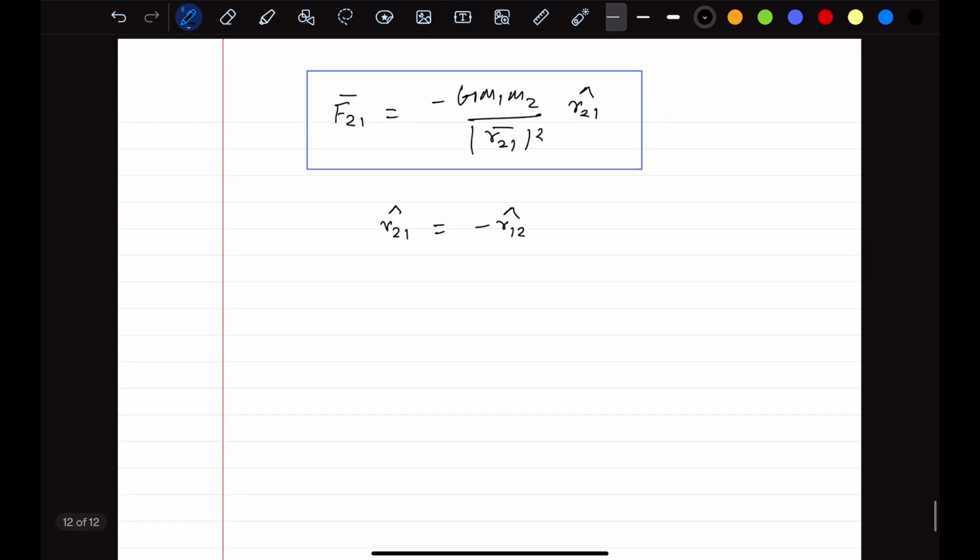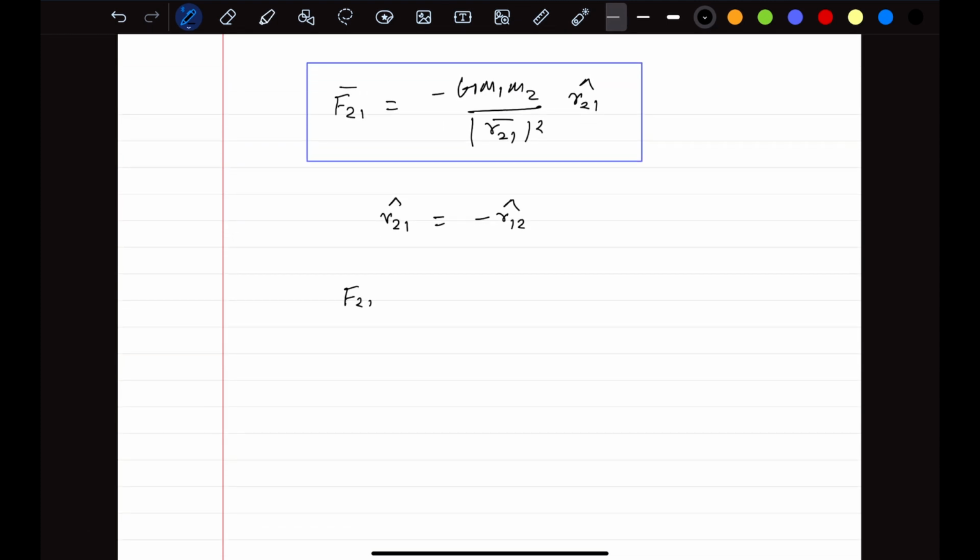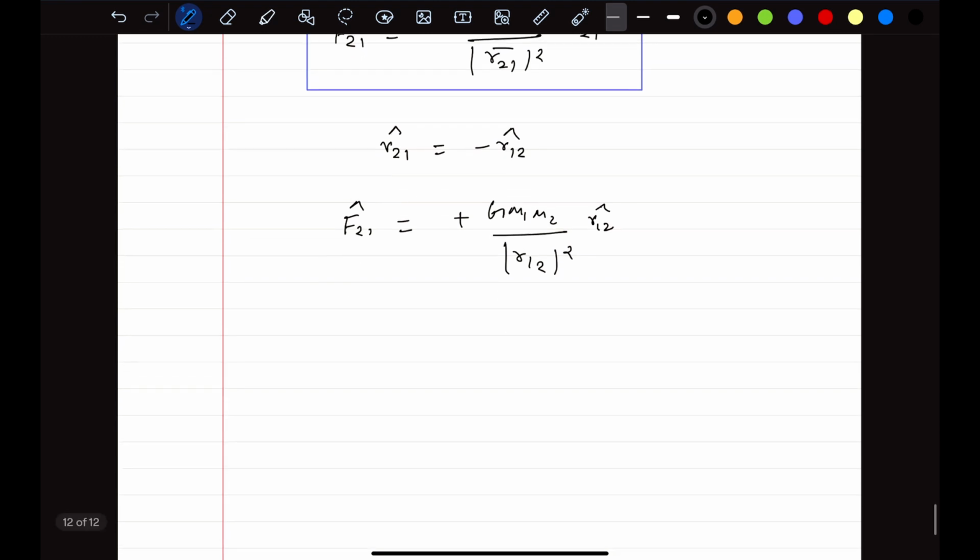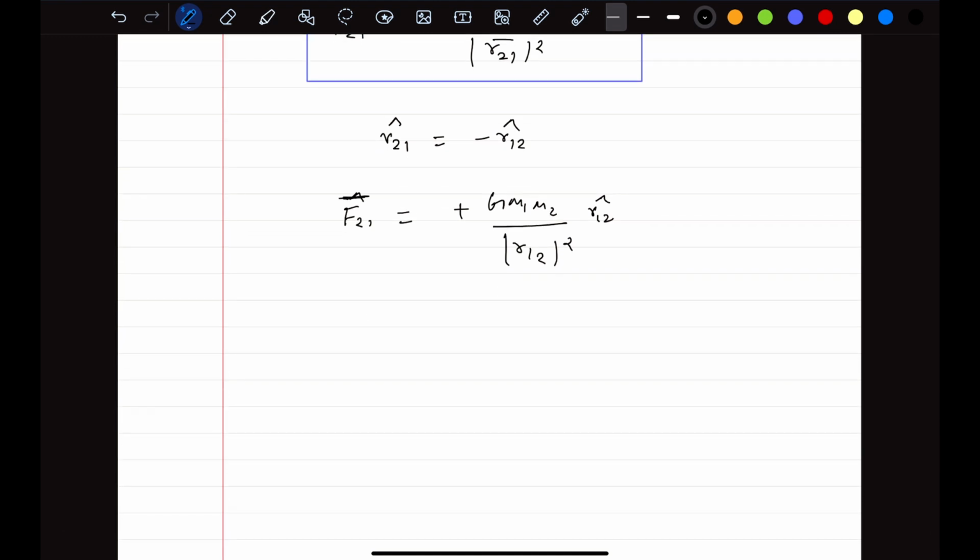So F21 can be written down as minus of G m1 m2 divided by r12 magnitude square multiplied by negative of r12 cap, and negative will become positive r12 cap, and this is the negative of F12. So F21 vector can be written down as negative of F12 vector. This is an important result.